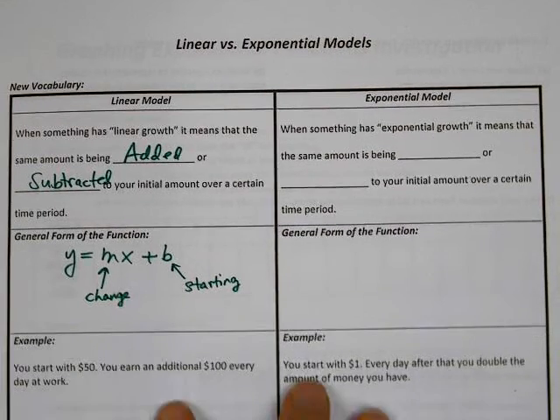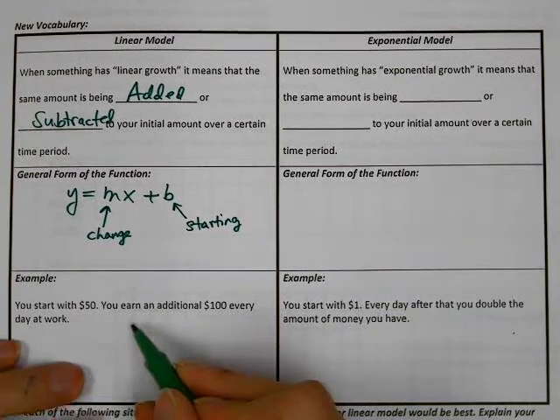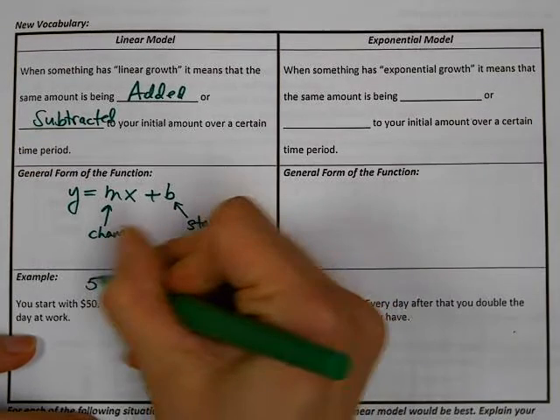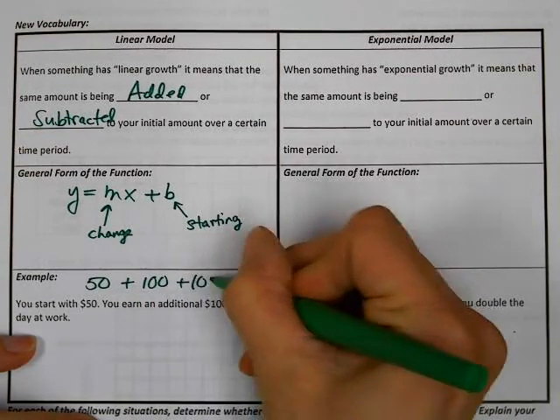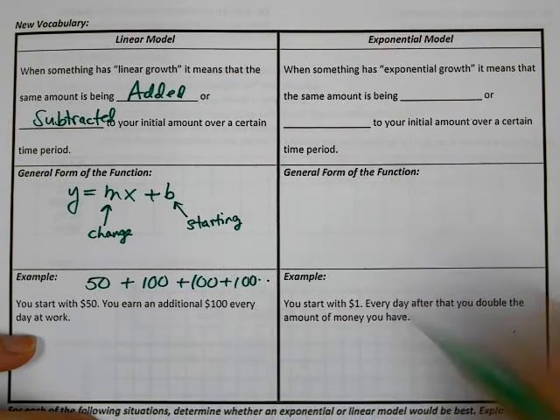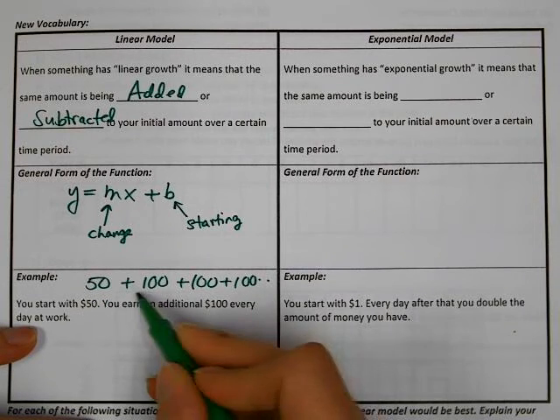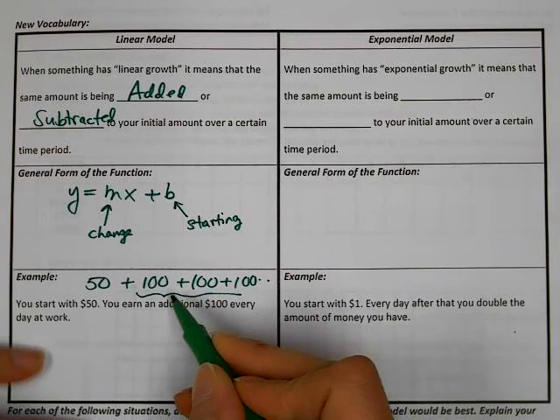For example, you start with $50 and you earn an additional $100 every day at work. So you have $50 and then you add $100, and then you add $100, and then you add $100. The initial amount, 50, is your b, your y-intercept, and then this is your change, up 100 over 1.